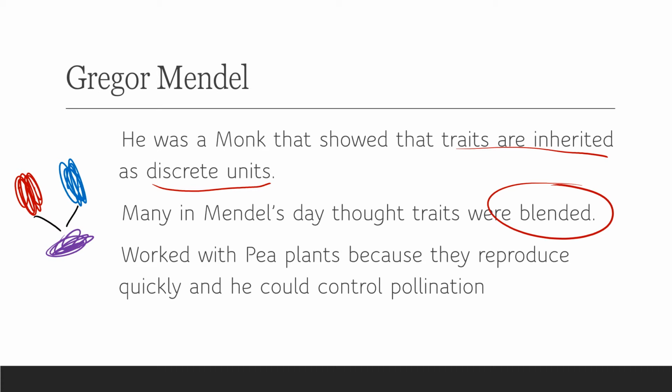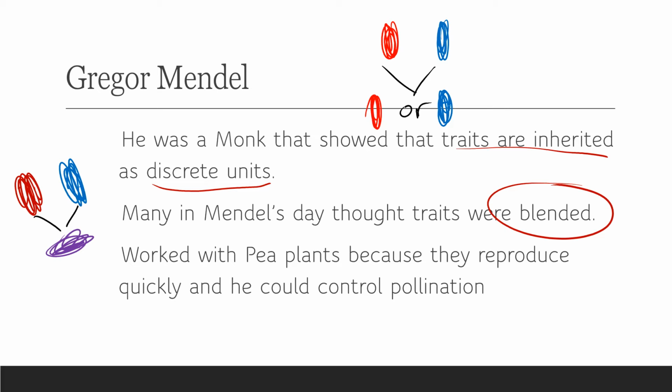He showed that actually if you have a red flower, which these are scribbles or flowers, and a blue flower, and you cross them, you could actually get red flowers or blue flowers, right? So they show that the traits are actually inherited discretely.